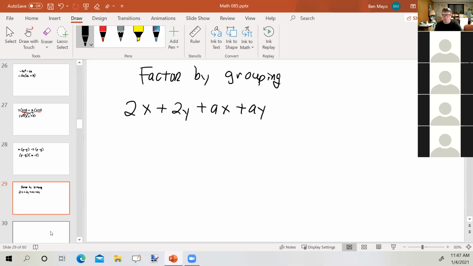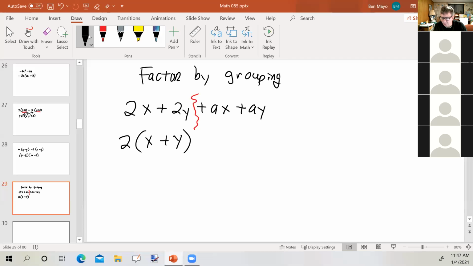And factoring out a 1, just writing 1 times all of that, wouldn't really accomplish anything in this problem. What I'm going to do is split it up into 2 groups of 2. Take a look at what's on the left side of the red squiggly line. The greatest common factor there is a 2, and the leftovers would be x plus y.